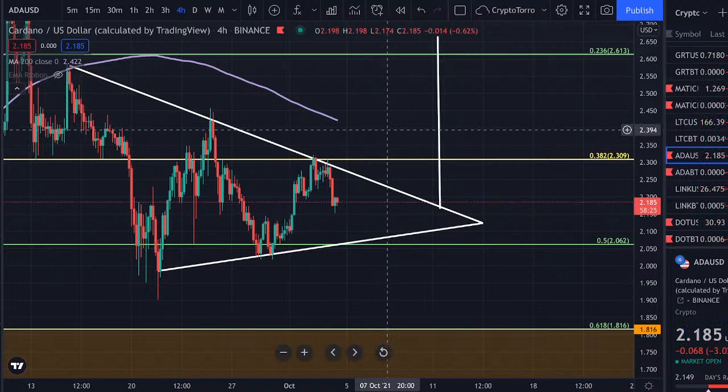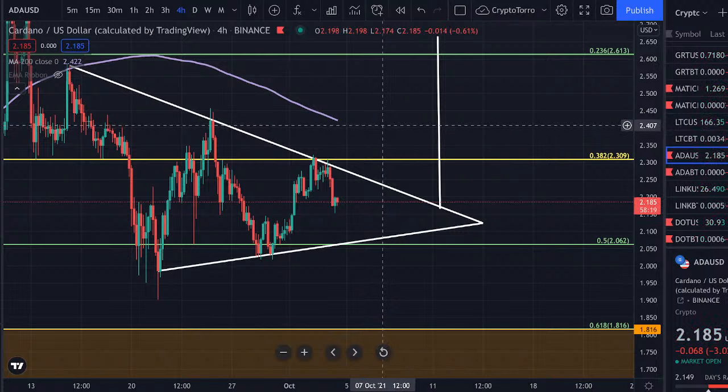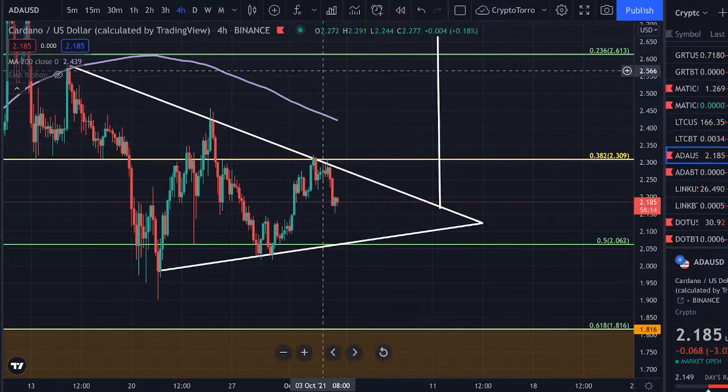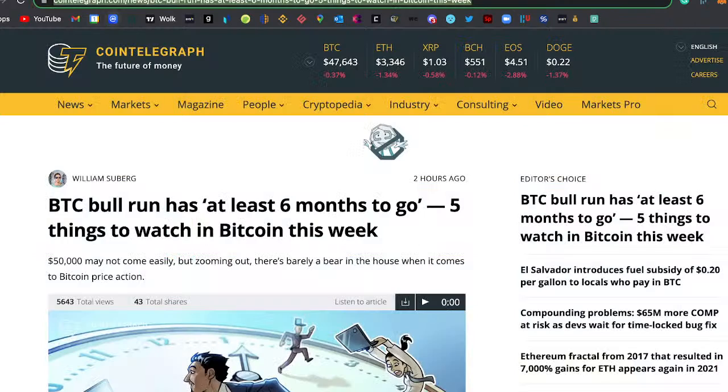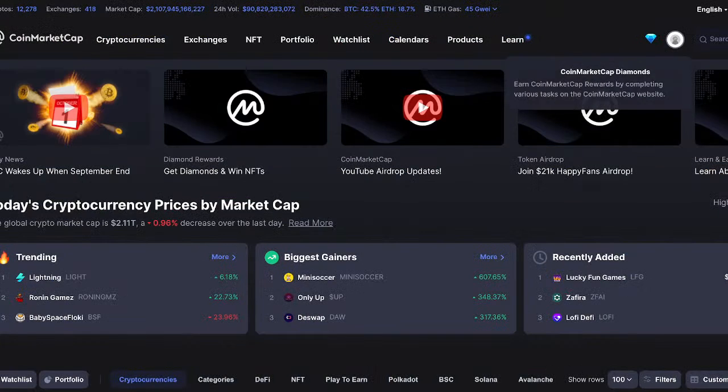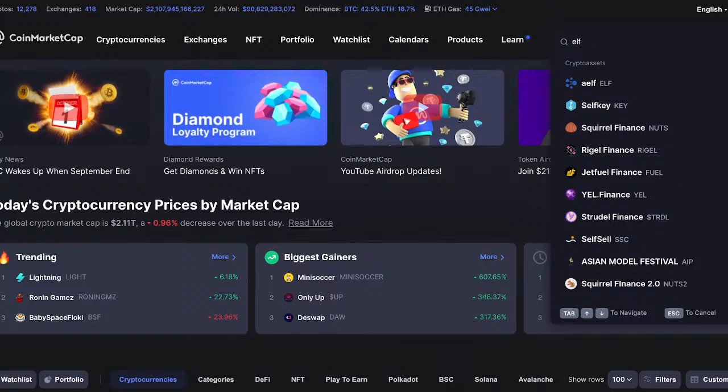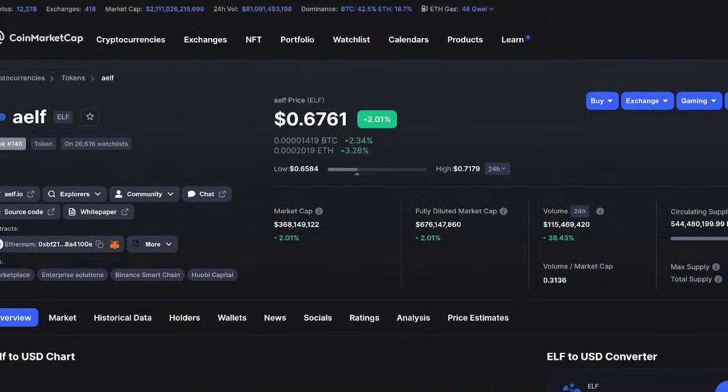Sir, please, suggestion for Elf Coin, Quark Chain, and Dogecoin. Mohammed Rizwan, I would like to answer your questions on ELF. Before doing so, I would like to head towards CoinMarketCap to take a look at what ELF actually is. So, ELF. This coin is on the 146th position on CoinMarketCap.